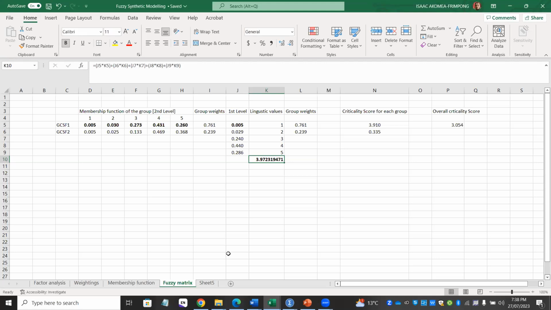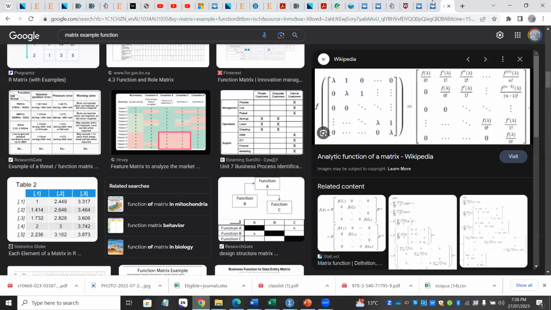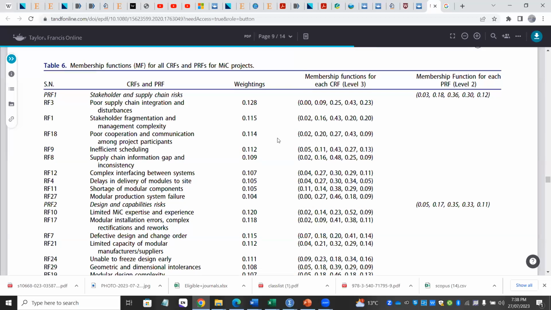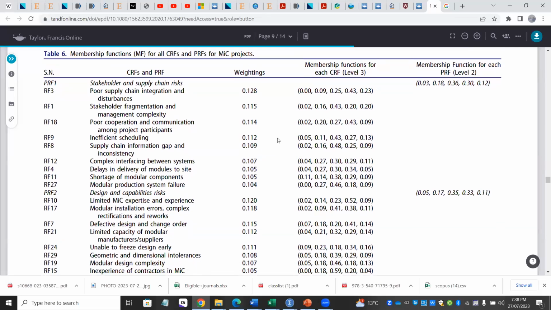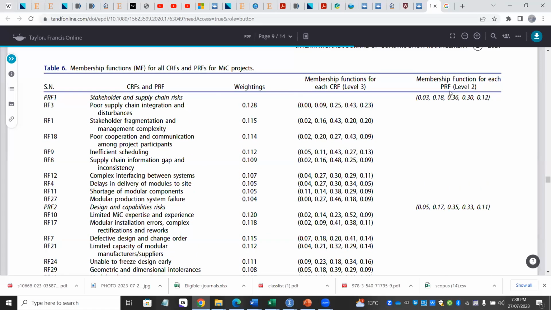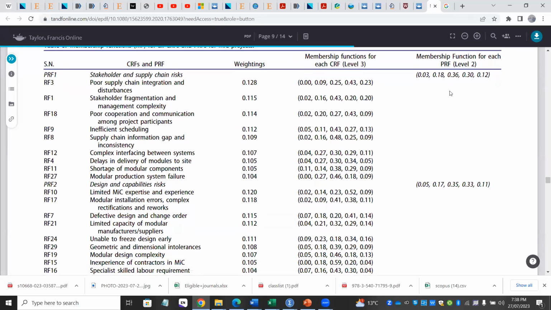Now let me get back to what Dr. Wuni did. I've done all this, but I just want to go through it. As you can see, the weightings of the individuals, then the membership functions of the individual variables. And from there, when we multiply them with the weights and add them to the matrix, we got level 2, which is the membership function of the group.